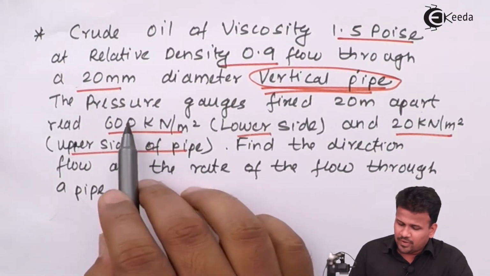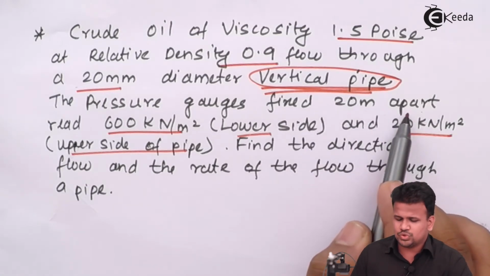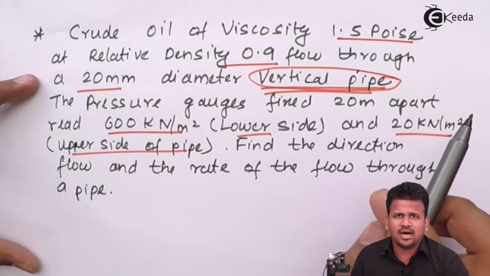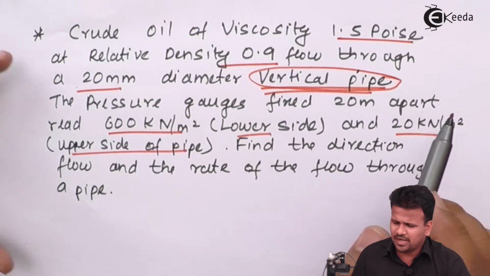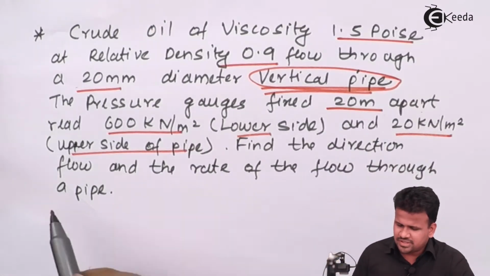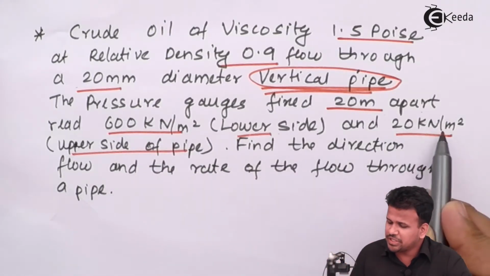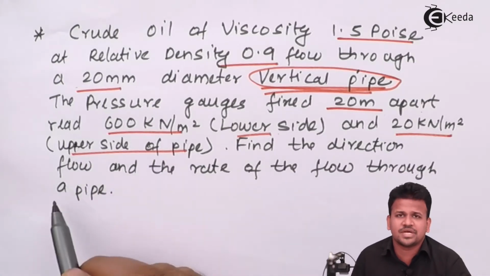So what else is given? The pressure gauges are fixed 20 meters apart, so we know the length of the vertical pipe. They read 600 kilonewton per meter square at the lower side and 20 kilonewton per meter square at the upper side of the pipe.